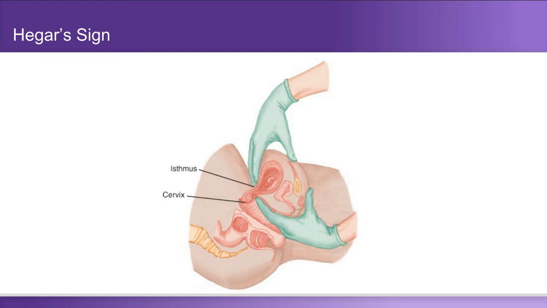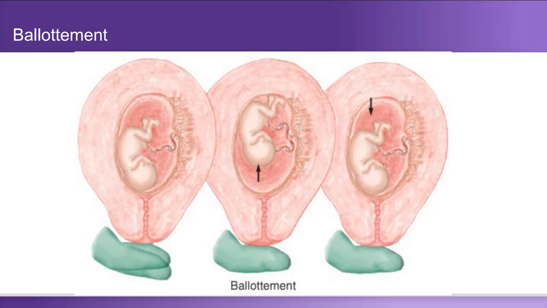This is another crazy one. We call this ballottement. I always get a giggle out of this because, again, why did someone ever do this in the first place to discover that it can be associated with pregnancy?